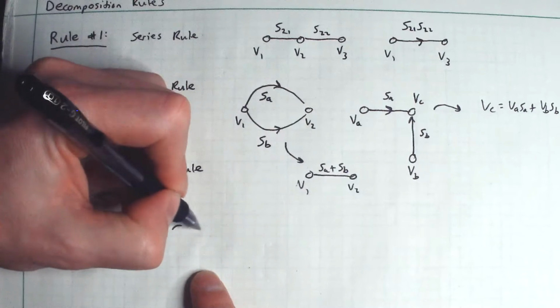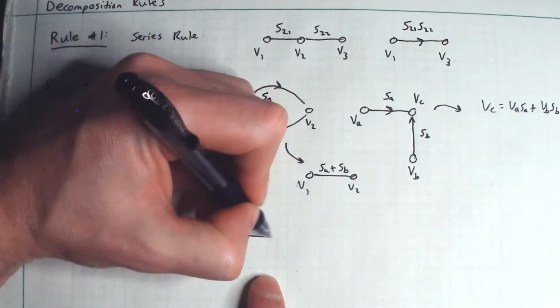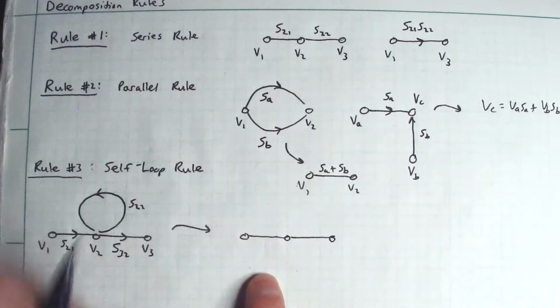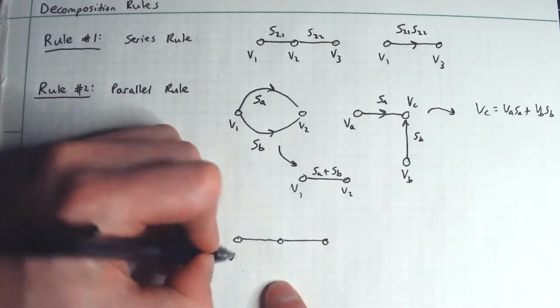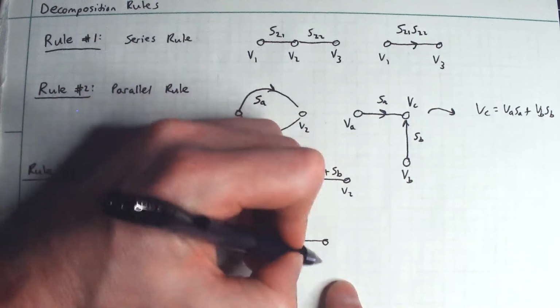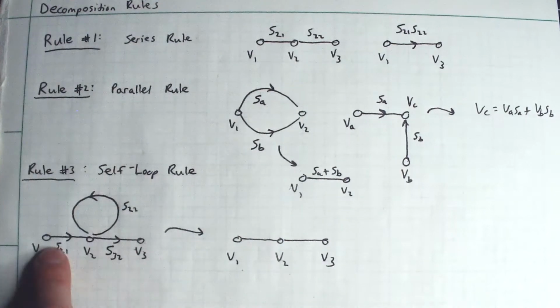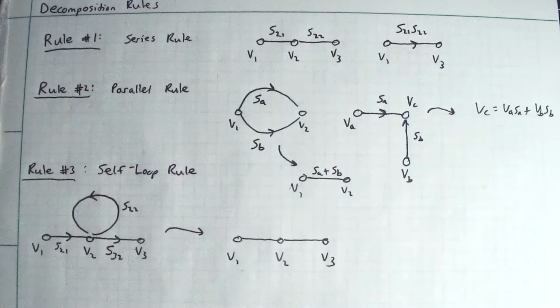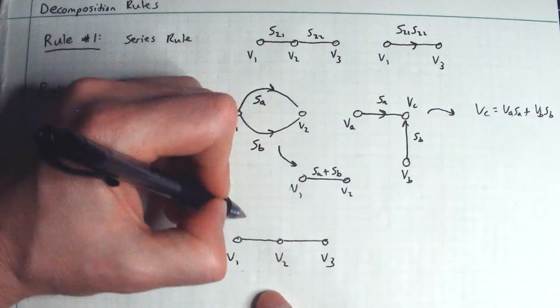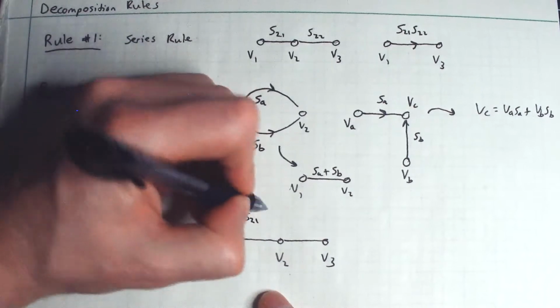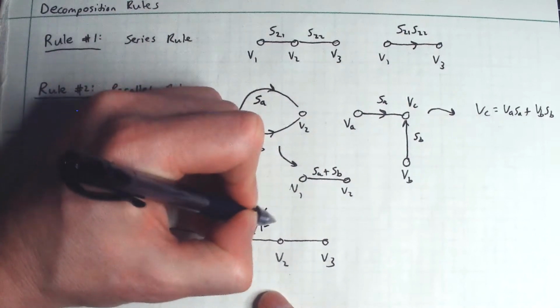This now simplifies into something more like the following. I have V1, V2, and then V3 again. And this loop gets lumped into the branch feeding here. So the 2 feeding in add onto each other, and what you get is S21 divided by 1 minus S22.